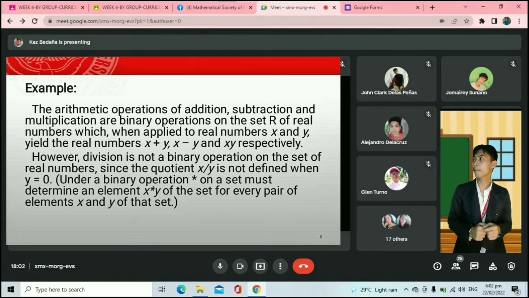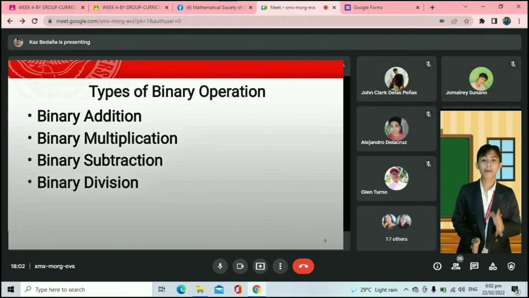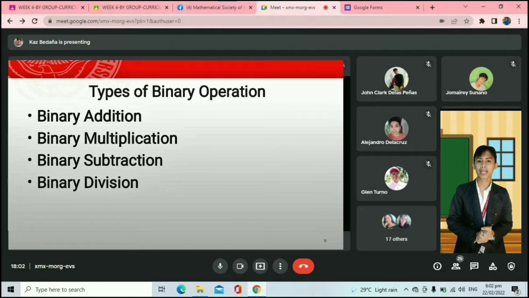So under a binary operation, asterisk on a set must determine an element x asterisk y of the set for every pair of elements x and y of that set. We have four types of binary operation: binary addition, binary multiplication, binary subtraction, and binary division.